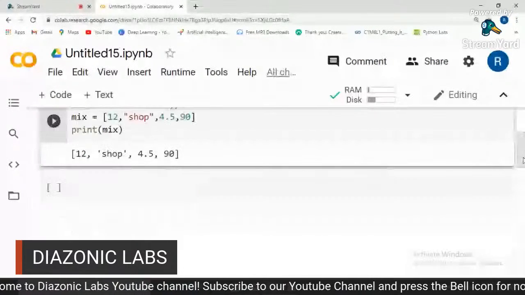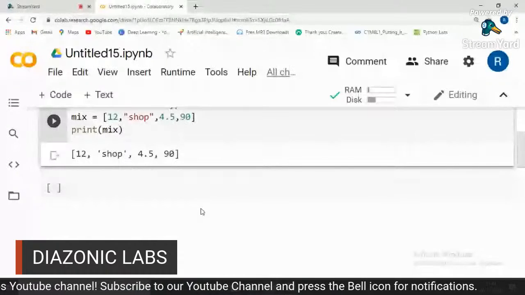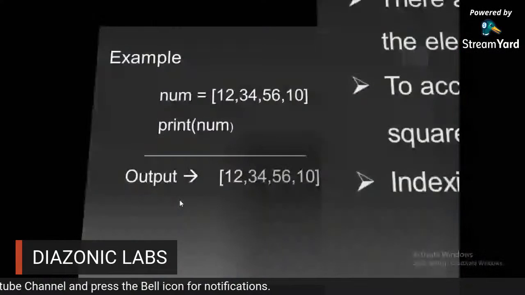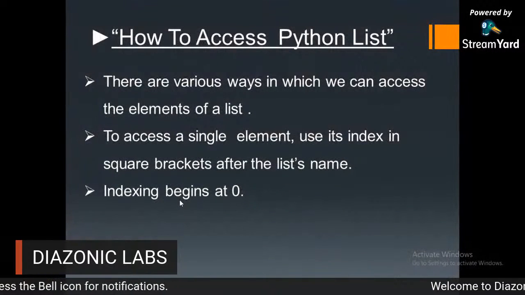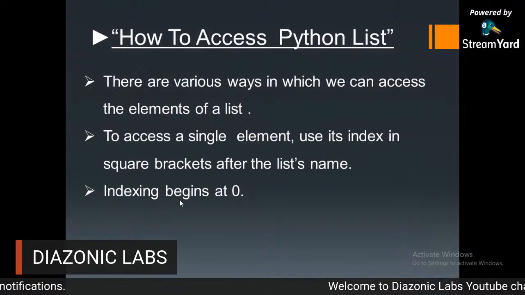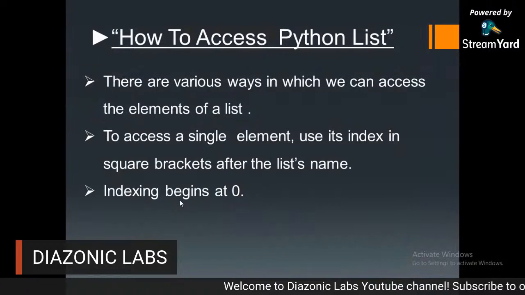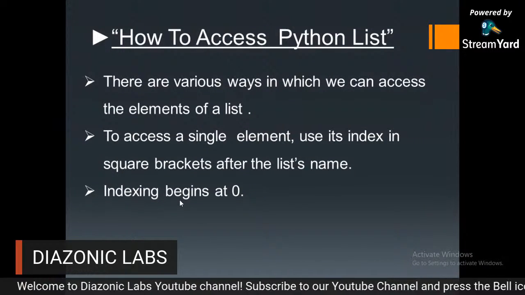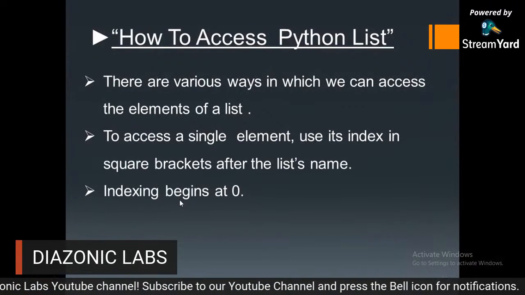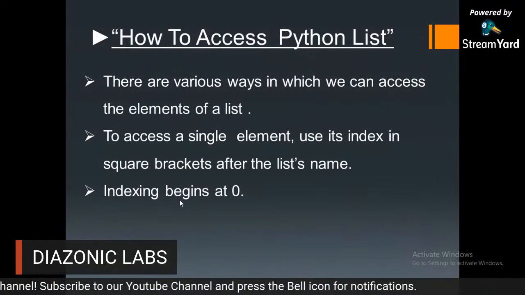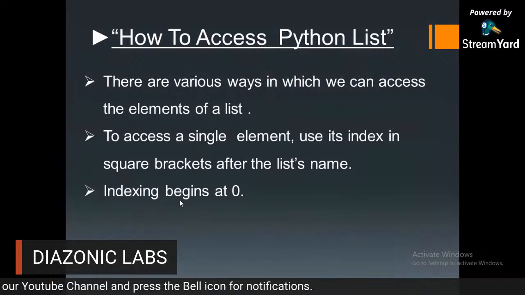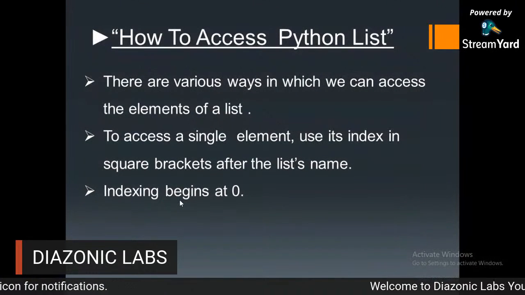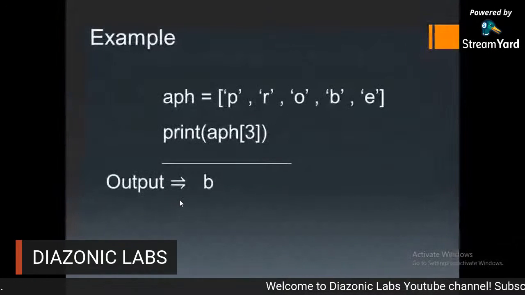Moving on to our next point, how we can access a list. There are various ways in which we can access a Python list. To access a Python list, we just need to mention its name. If we want to access a particular element of a list, we should use the index in square brackets after the list name. I'll show you a slide with an example here.